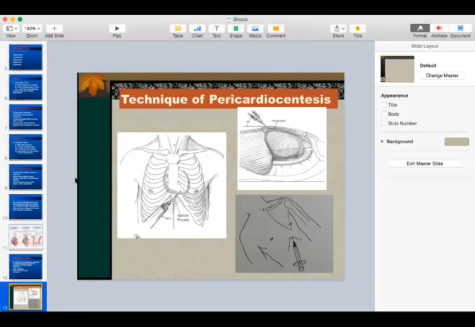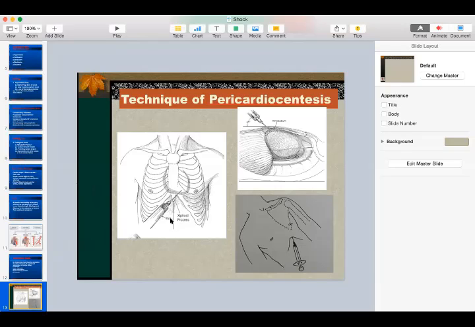Okay, going a little deeper into cardiac tamponade, we have a picture illustrating the technique for pericardiocentesis. And what is pericardiocentesis? It is the procedure done to relieve the pressure or the blood that has built up around the heart in the pericardium, to relieve the obstructive nature of the shock.